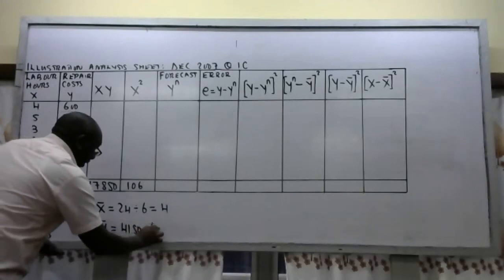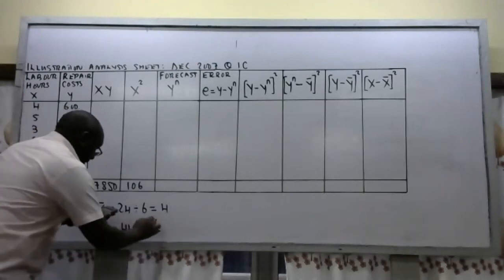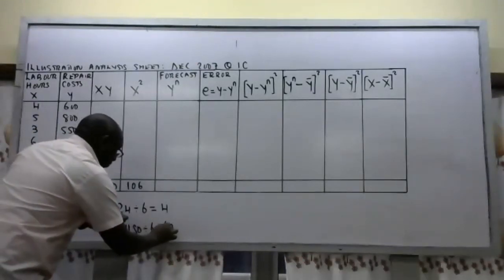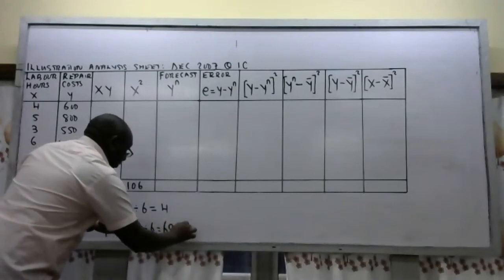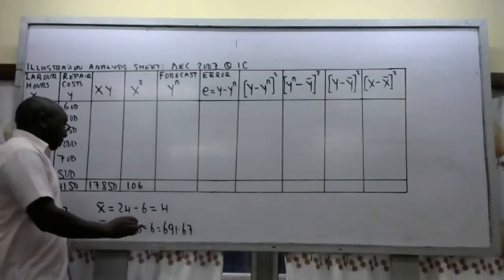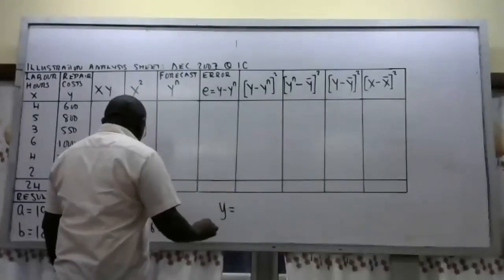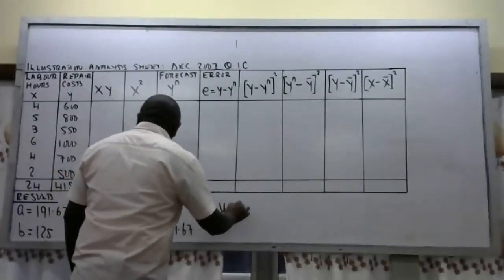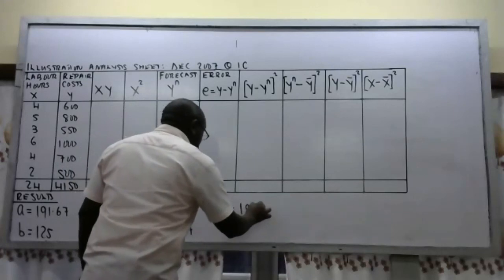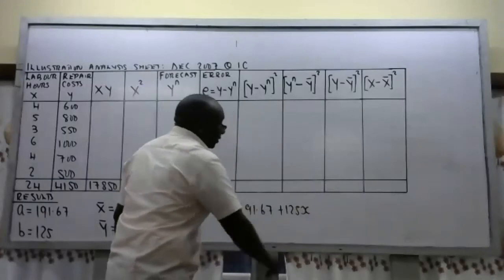You divide by 6. I'm getting 691.67. Y will then be equal to 191.67 plus 125x.